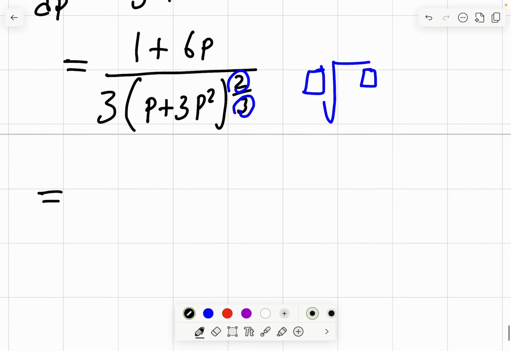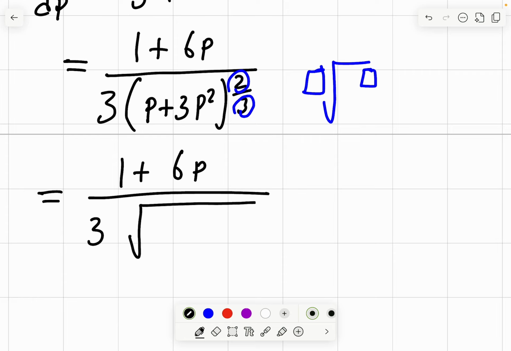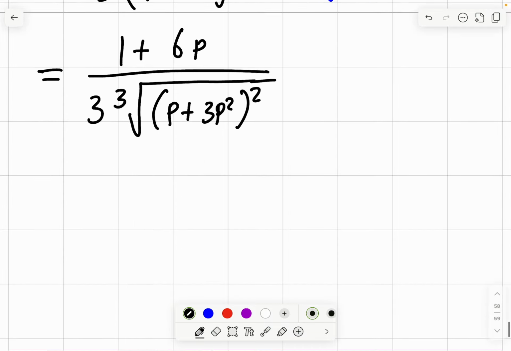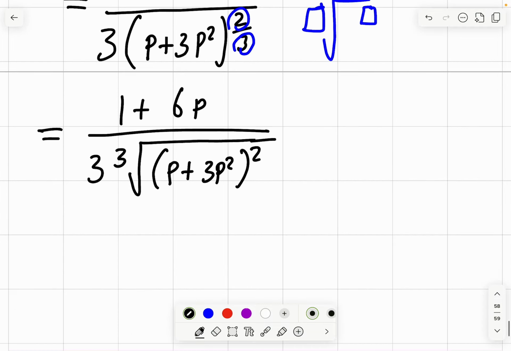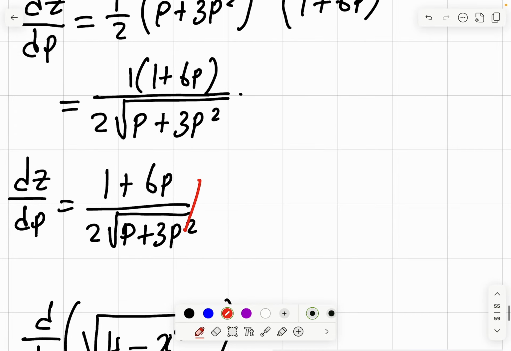I'm going to have 1 plus 6p over 3 times the cube root of p plus 3p squared, with the 3 going outside and the 2 as the exponent. Yeah, I rectified that mistake. This one is correct. This one is wrong. I made a mistake. It's wrong.